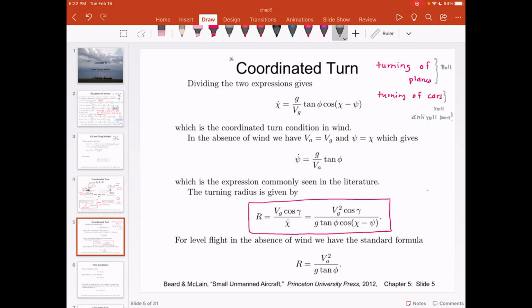The planes do not turn in one plane. What it means is aircraft do not turn like this at their location. When the aircraft turns, it actually banks a little bit. It yaws, then it rolls, and then it turns.